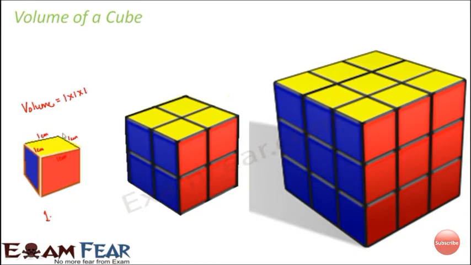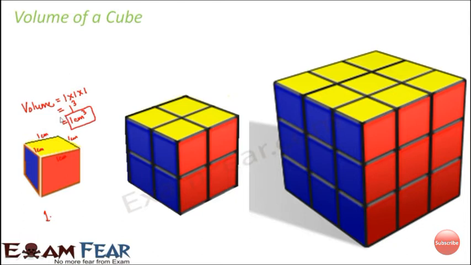For any cube all the 3 sides would be equal. So the volume is 1, the length of each side, multiplied 3 times. When we multiply 1 three times, we can write it as 1 to the power 3, which is 1 cube. And 1 to the power 3 is equal to 1 centimeter cube. So the volume of this cube is 1 centimeter cube.